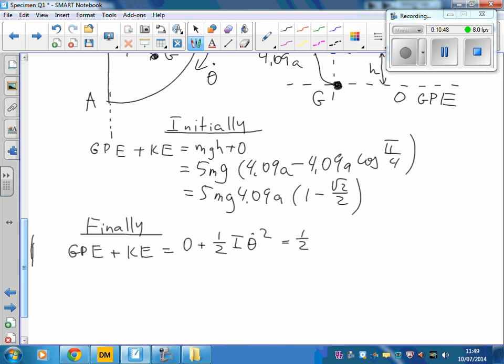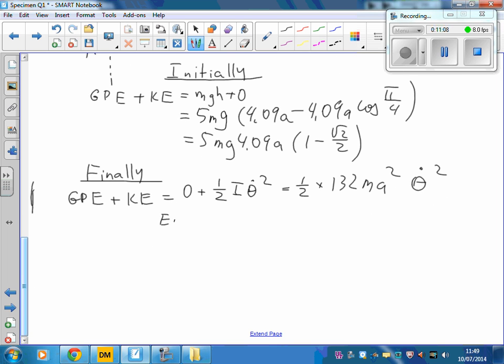So we've got 1/2 the moment of inertia of the swing boat, 132 ma squared, multiplied by theta dot squared.